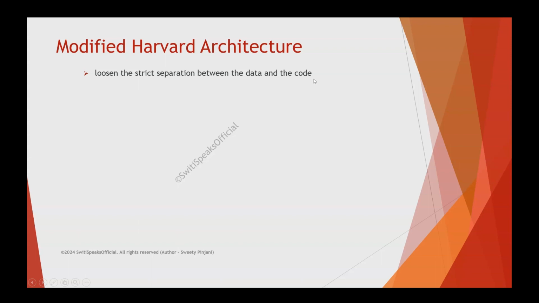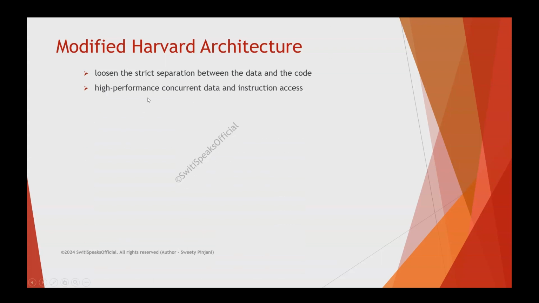If you remember, in Harvard architecture, we had separate data and instruction memory. In modified Harvard, we are trying to loosen this separation a bit. We'll see how we are going to loosen it, and what are the different ways we can loosen it. But please remember, this is the main feature of modified Harvard architecture.